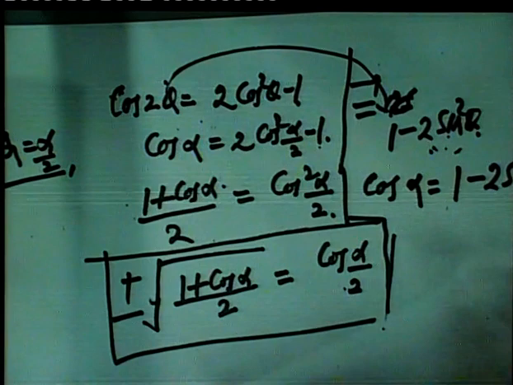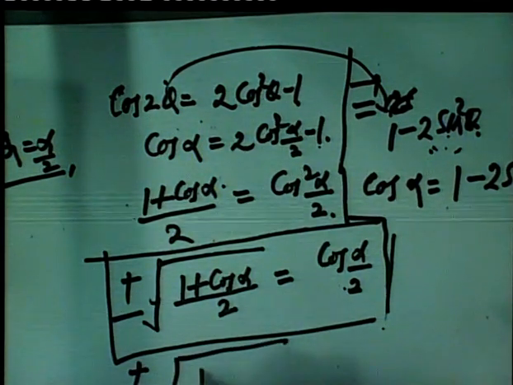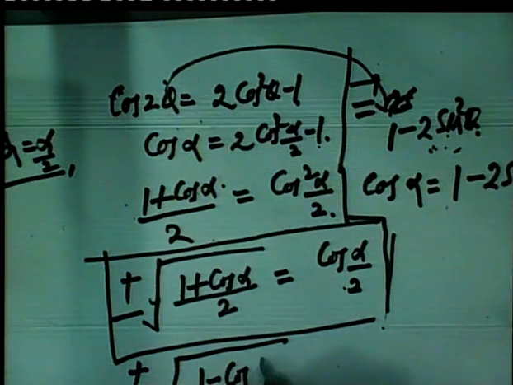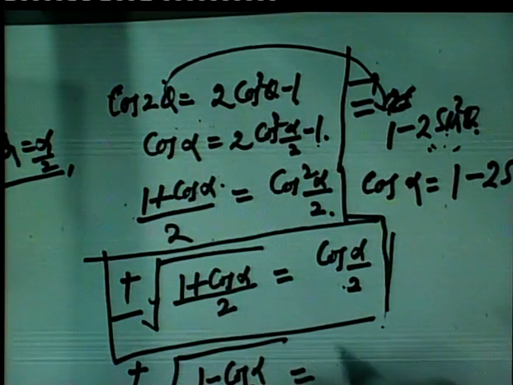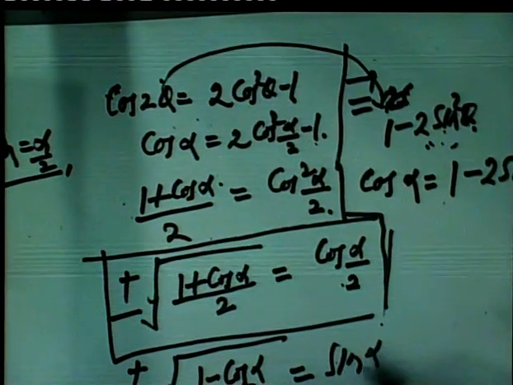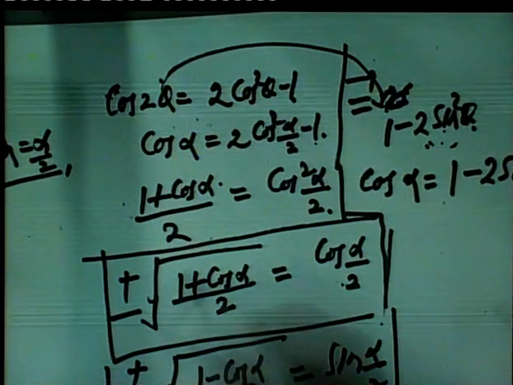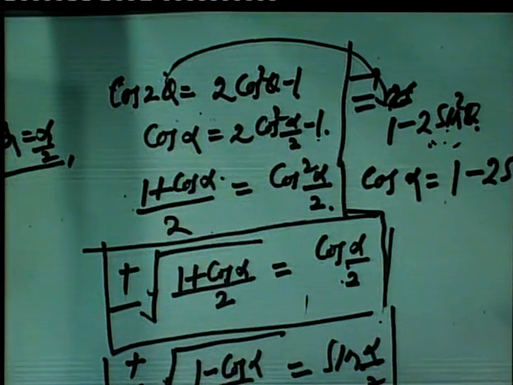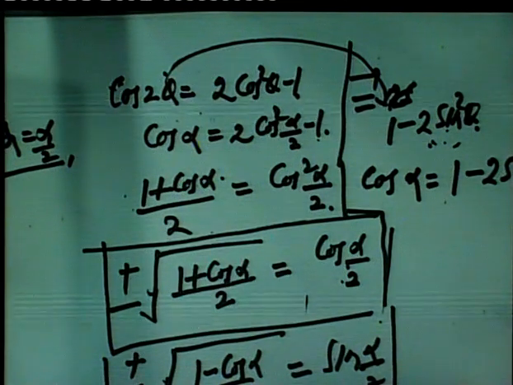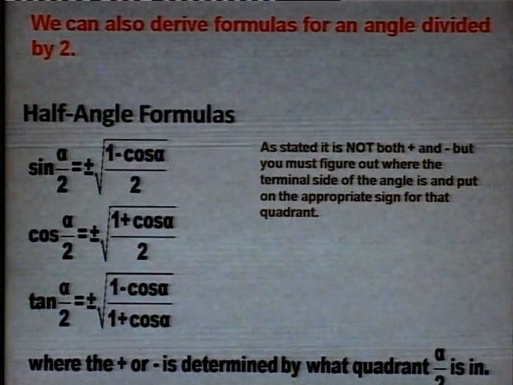So using this you will get plus minus square root of 1 minus cos alpha by 2 is equal to sin alpha by 2, and if you divide the two, you will get the expression for tangent of alpha by 2. So let me once again come back here.